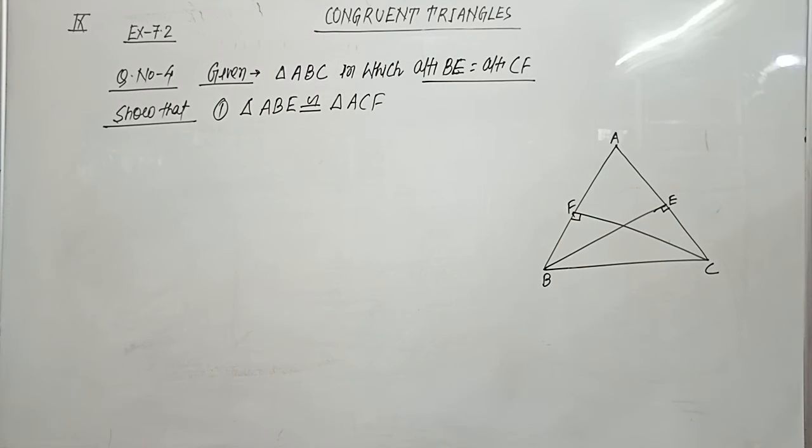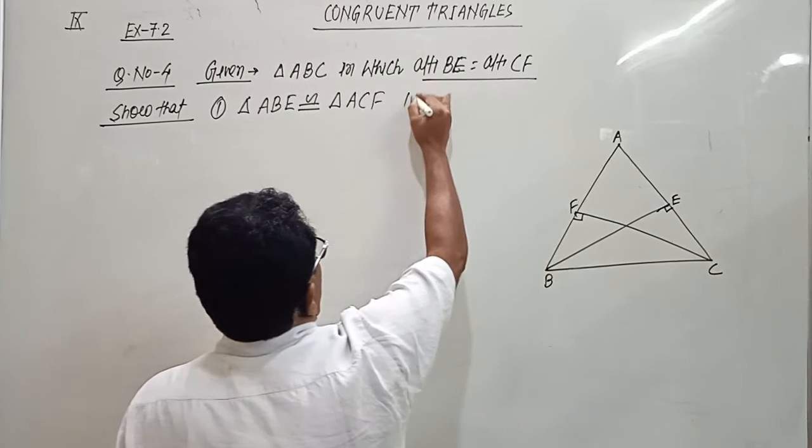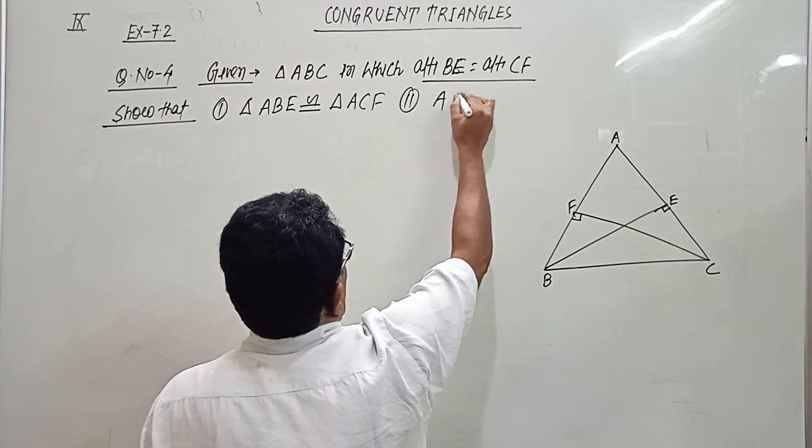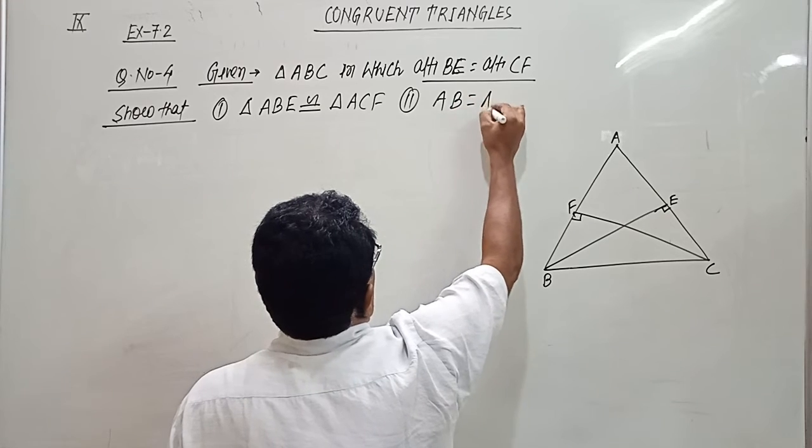This is the first part which we have to prove. And the second part we have to prove is AB equals AC.